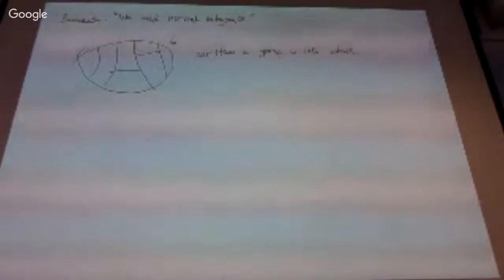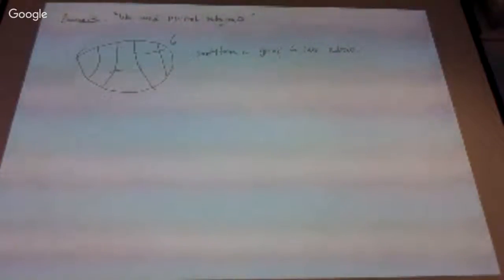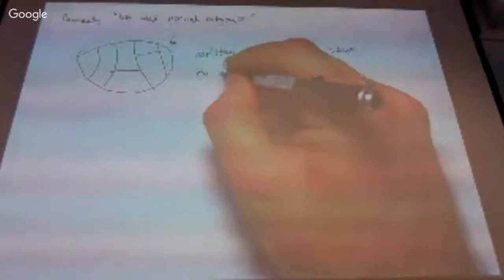Now, hopefully you know that a partition goes hand in hand with an equivalence relation. So define a relation on G by saying that A tilde B if A, B are in the same subset of the partition.